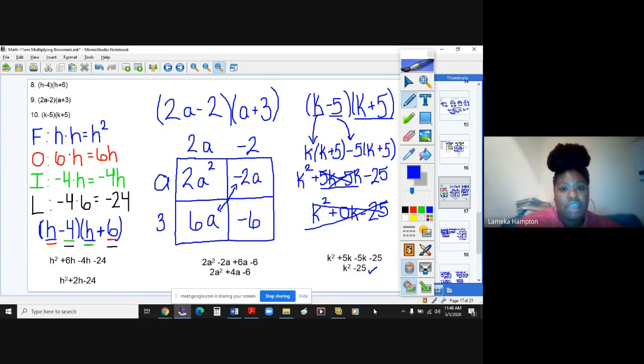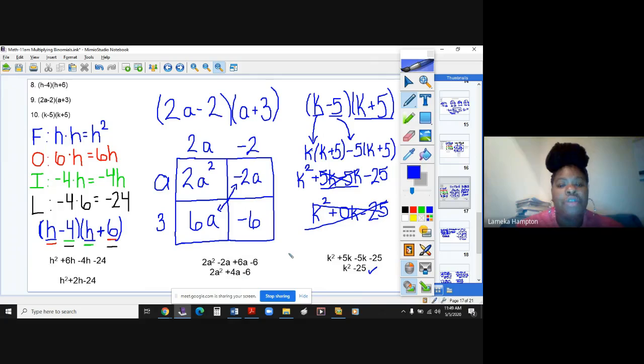So if it were me, this is my advice, I would pick one method and I would perfect that method. Whether that method would be the FOIL method, you can get to a point to where you can just simply look at the binomials and know what to multiply. Or the box method. Again, you can put the binomials at the top or at the sides here. Do not put them at the bottom or on the right side. They don't belong there. Either on the left or at the top. Okay.